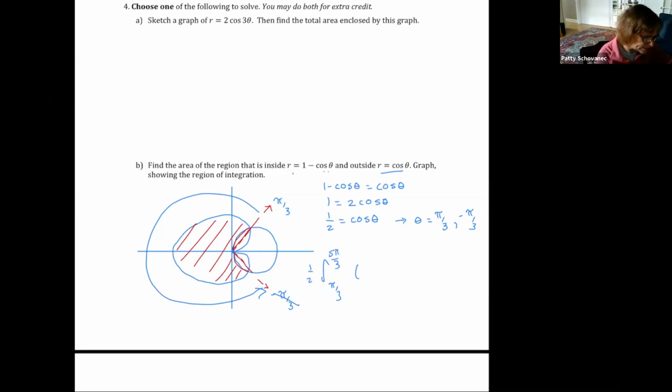And so what I need to do is integrate from pi over 3 to where the circle closes up, which is at pi over 2, just to get this little sliver out of there. And then I've got to double it to take it out from the bottom as well. So I can't write this as one integral. I'm going to get the area of the cardioid, which I shaded with the red slashes.